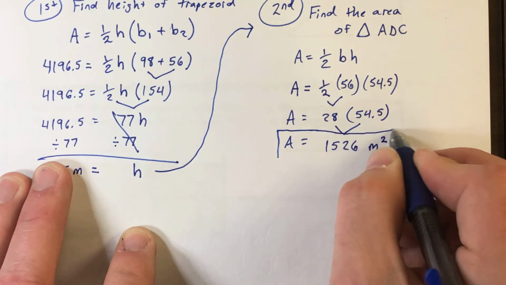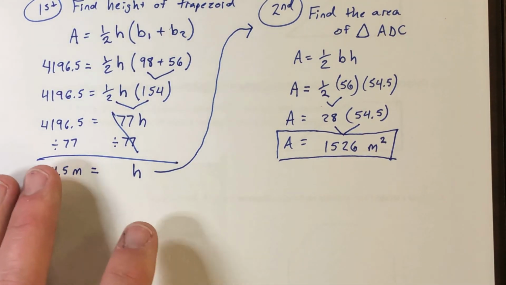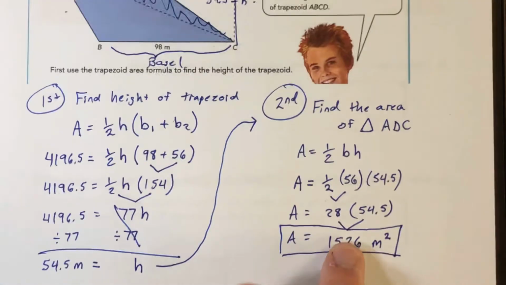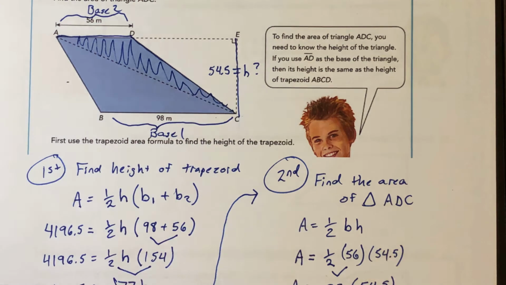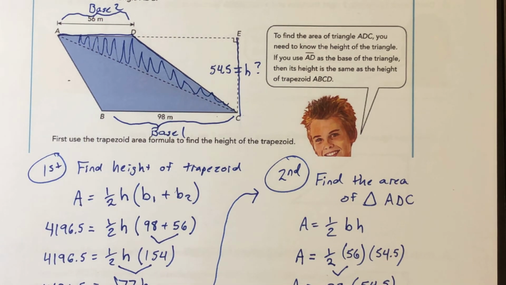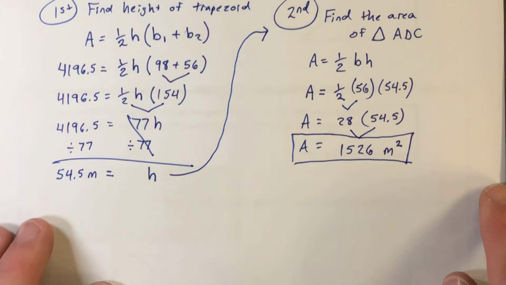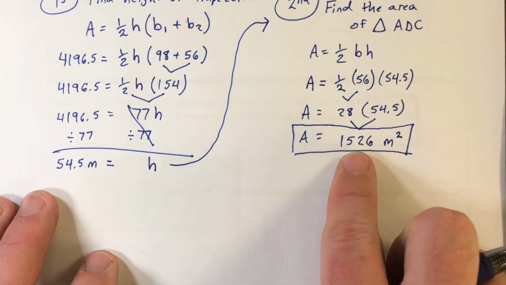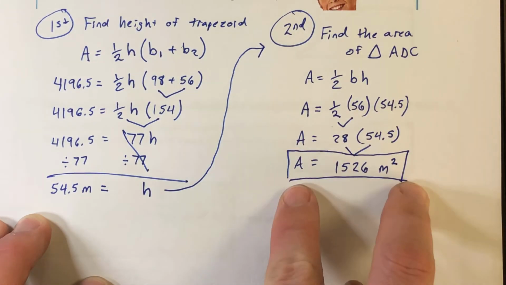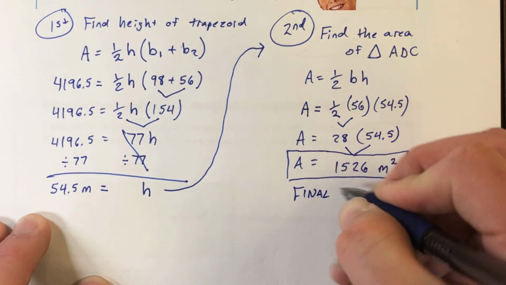So this kite-like shaped trapezoid, actually, well, no, just half of it, not even really half of it. The triangle portion is 1,526 meters squared. So imagine a pretty large square, and you've got 1,526 of them. It's a pretty large area. Perhaps it's a large field. Okay, so anyways, I found the area of the triangle. That's what the question wanted. So this is my final answer.